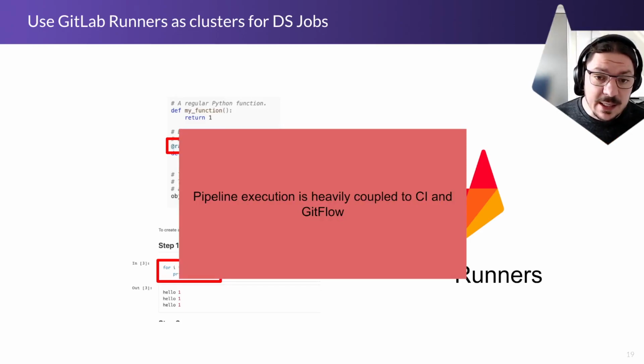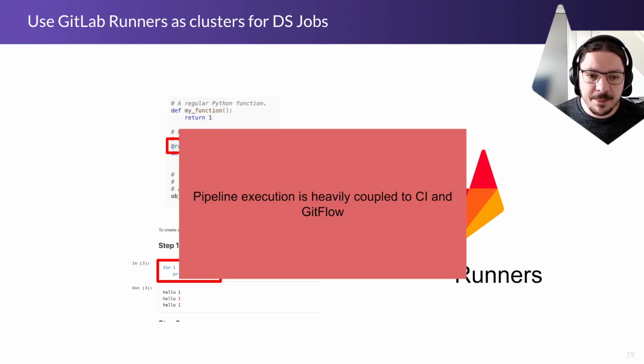But the problem here is that pipeline execution right now is heavily coupled to the CI and Git flow. You can't really do this kind of process without going through the Git flow, without going through git commit, git push, start a pipeline, because you need to push code changes as well.